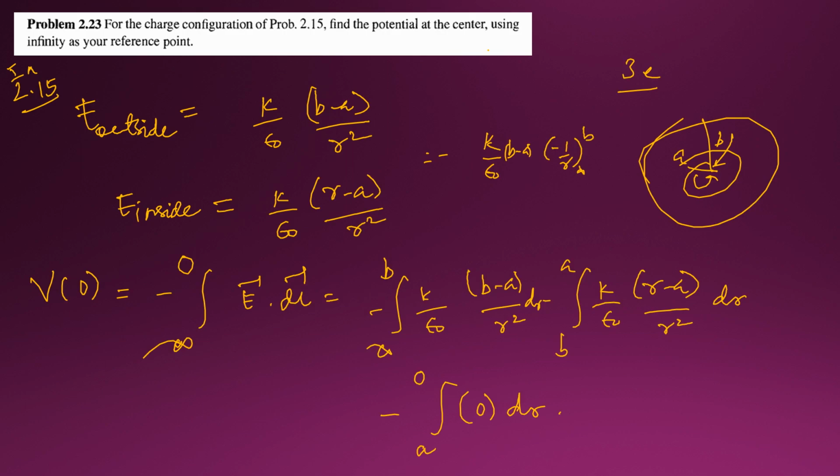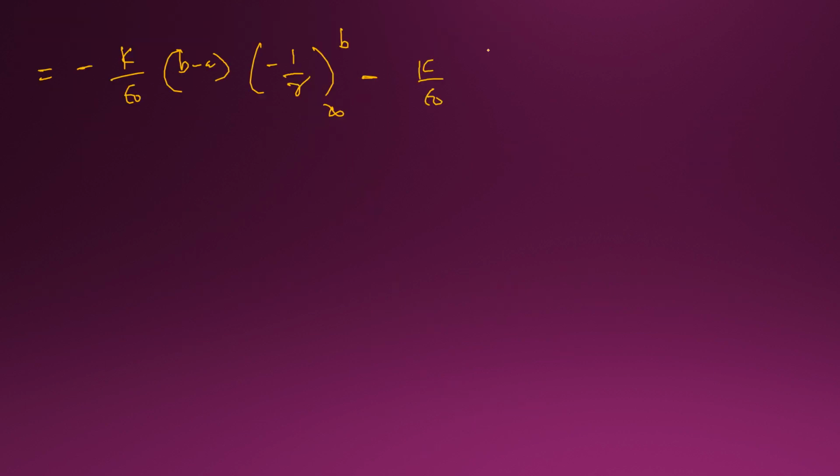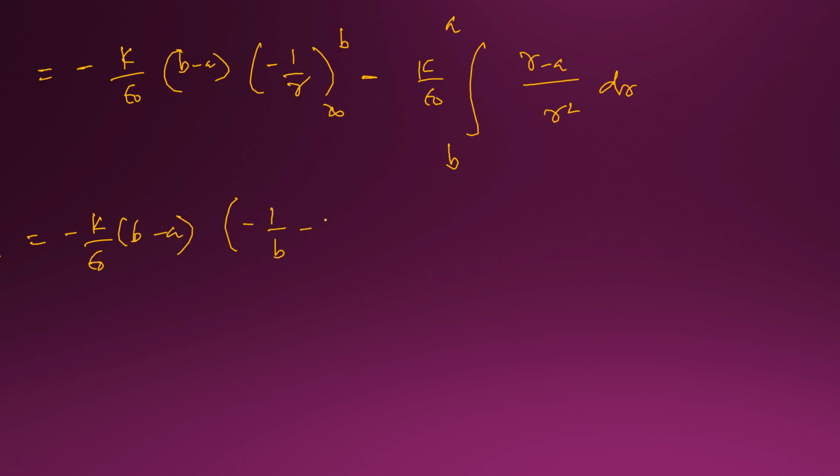There is another minus actually on that side, so then minus k by epsilon naught, B to A, (r minus a) by r square dr. That gives minus 1 by b, minus 1 by infinity, times k by epsilon naught (b minus a), and then minus k by epsilon naught, b to a.